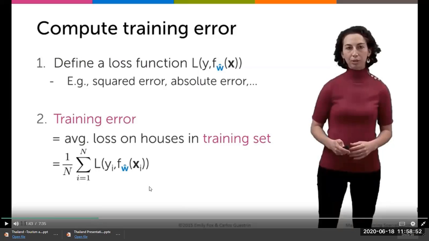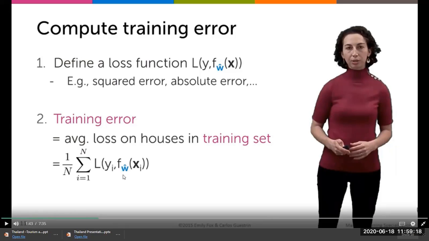So we've talked about all of this now. This stands for the squared error. And what's this W hat doing there again? The estimated parameters. Right, it's the estimated parameters.